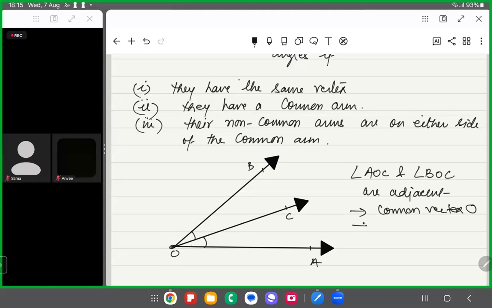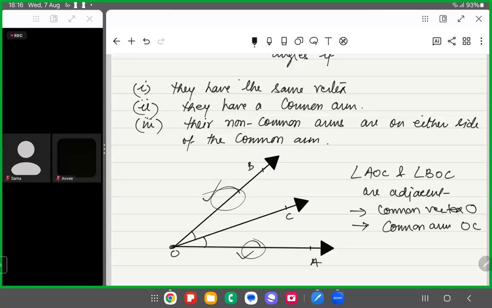The second condition is that they have a common arm. Look at the middle one. OC is the common arm. And the non-common arms? OB and OA are the non-common arms of the two angles. They are on either side of OC, meaning one is on this side and one is on that side.